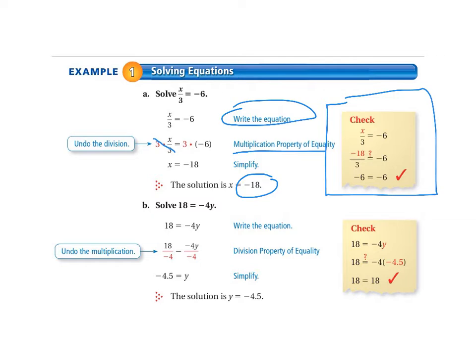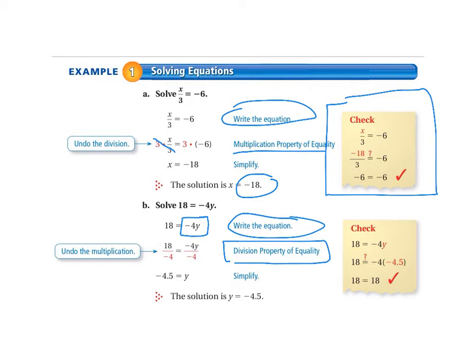Letter B, solve 18 equals negative 4y. Again, we write the equation first, and we're going to undo the multiplication by using the division property of equality. So that means we're going to divide both sides by the negative 4 that's stuck to the y with multiplication.